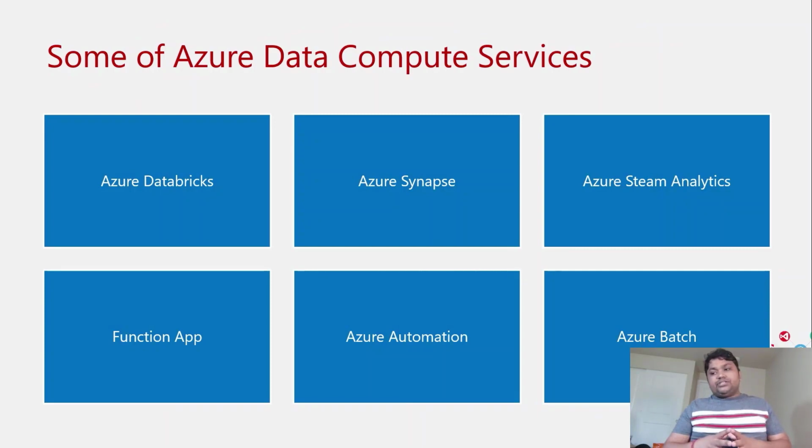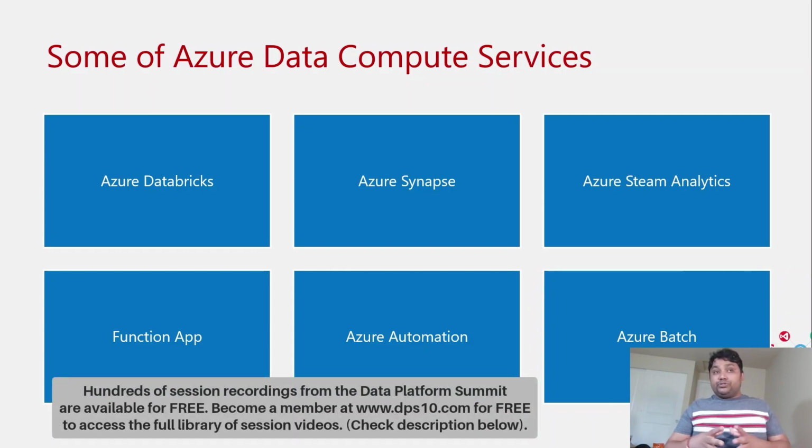When data ingestion is done, how do we transform or process the data using some of the compute services? We have Azure Data Services. We have Synapse Analytics, which we are going to talk about now. We have Azure Stream Analytics. We can plug into either Event Hub or Kafka, and we can process the stream data there.